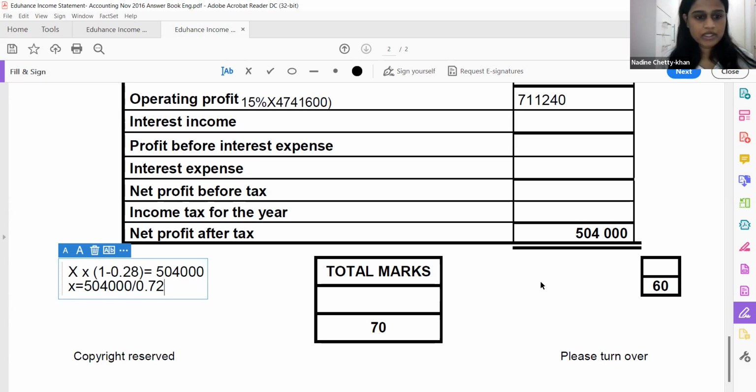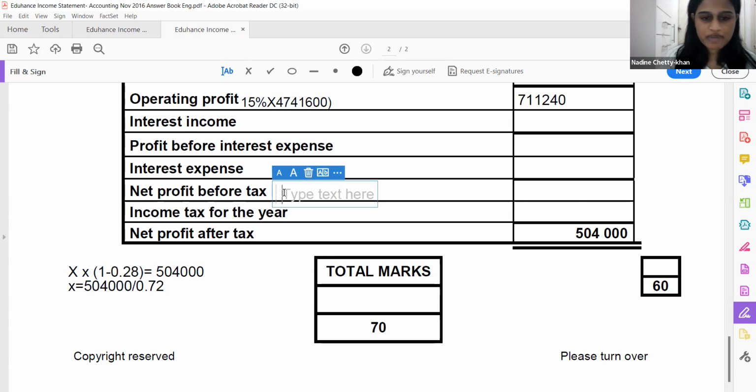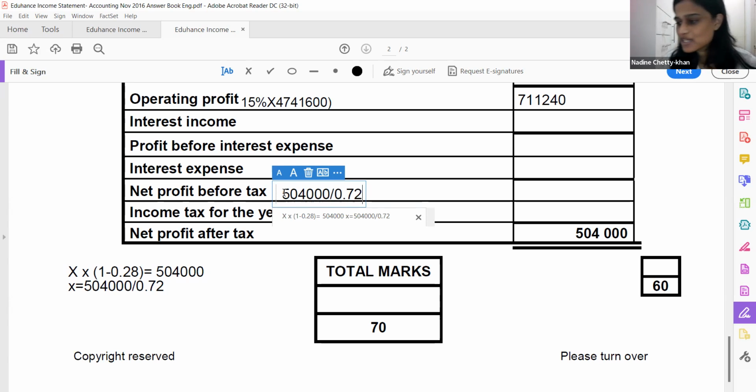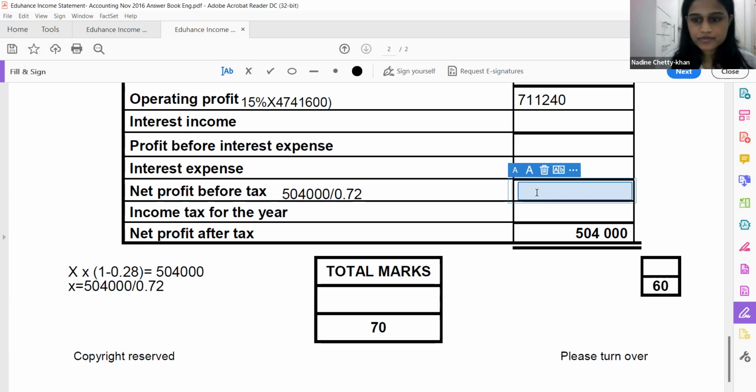Okay. So here, net profit before tax is going to be 504,000 divided by 0.72, and 0.72 is just 1 minus the tax rate. And you should get 700,000.